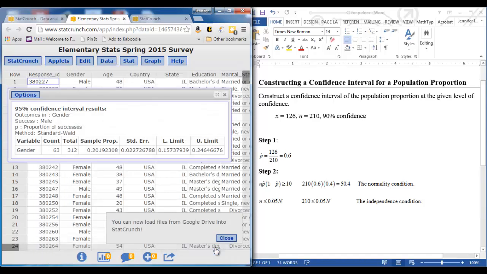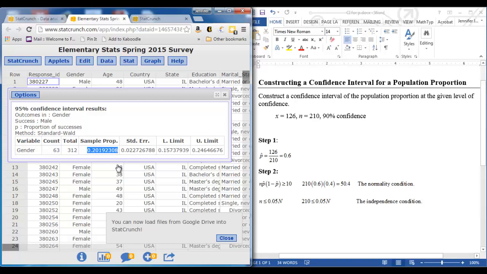I click compute. And we will see here that in our survey that we did last semester, 63 respondents were male out of a total of 312. If we do 63 divided by 312, that will give us our p-hat, which tells us right here our p-hat is 0.2.